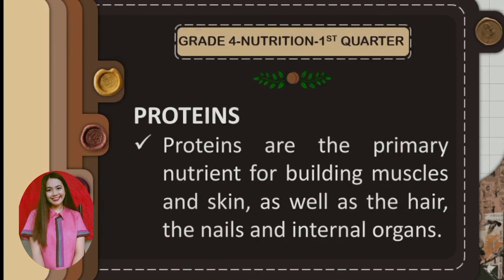Next is the proteins. The proteins are the primary nutrient for building muscles and skin, as well as the hair, the nails, and the internal organs. People need an appropriate balance of protein, carbohydrates, and fat in the diet to create and repair tissue. Too much protein is as detrimental to health as too little.